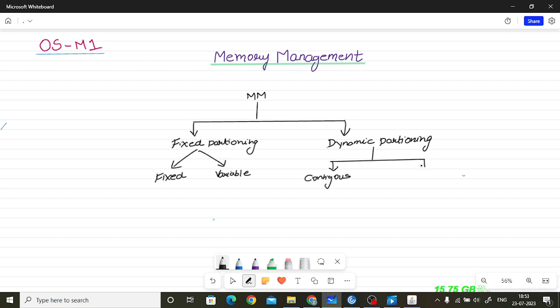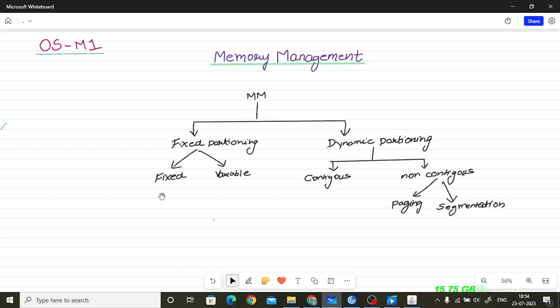In non-contiguous memory allocation, various methods have been proposed, like paging, segmentation and all. So let's come on to fixed partitioning.